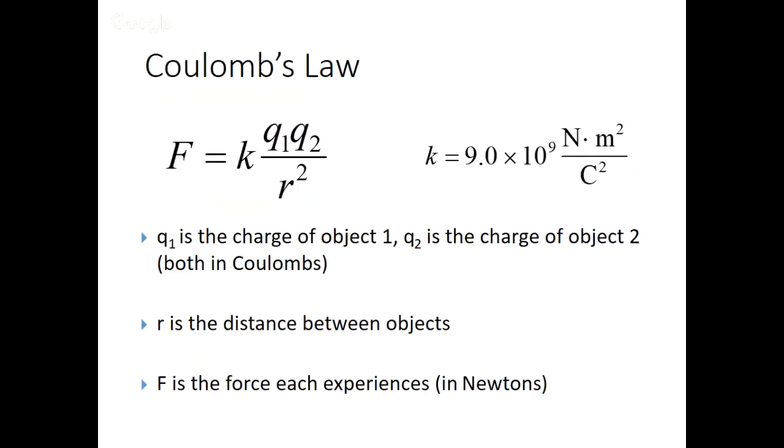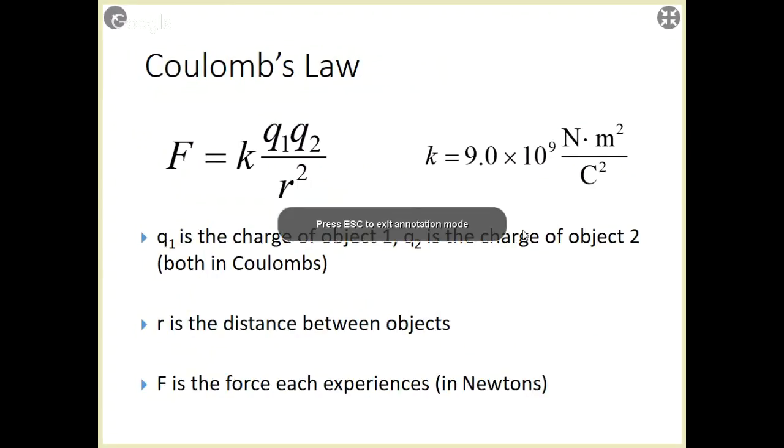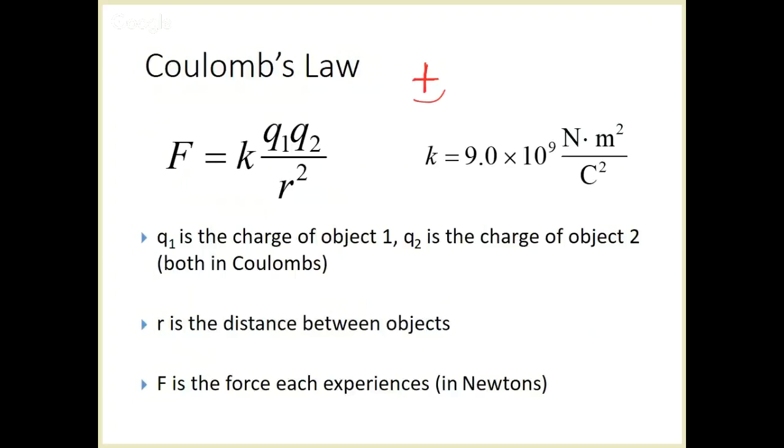So if they're microcoulombs or nanocoulombs, you have to convert them over first. And R is going to be the distance between the objects. I think that causes a lot of heartache and confusion for people, simply because you think of R as a radius and that's half a diameter, and that freaks people out. But in this case, R is simply the raw distance from one object to another.